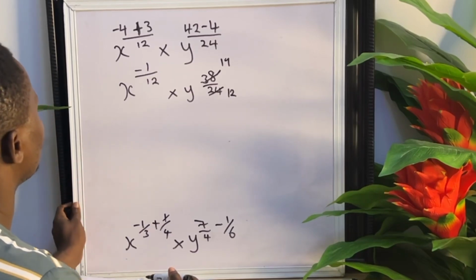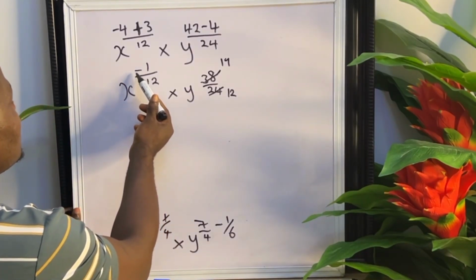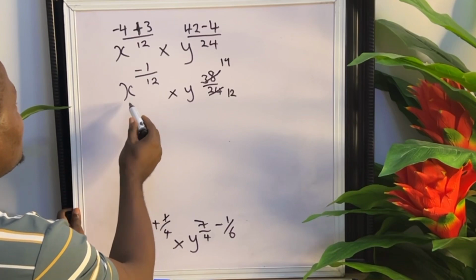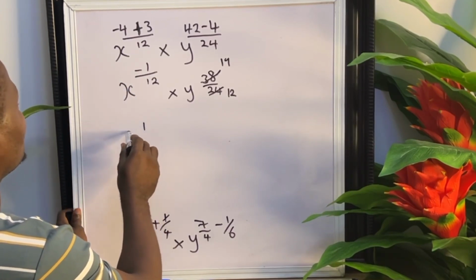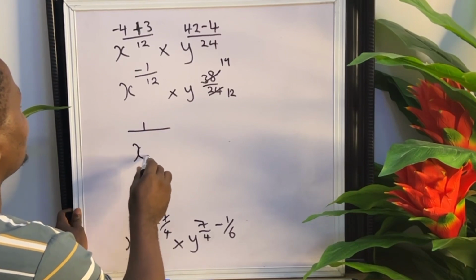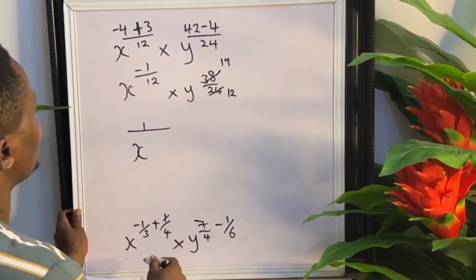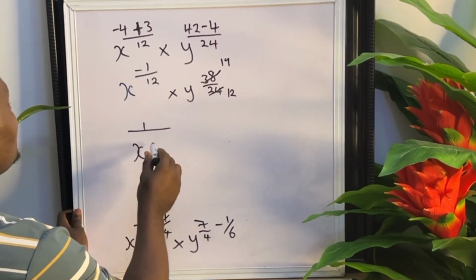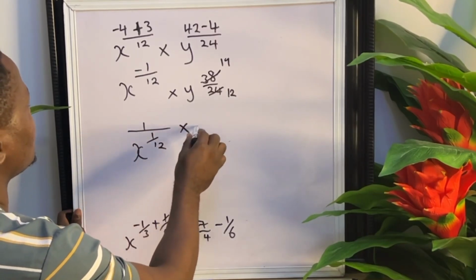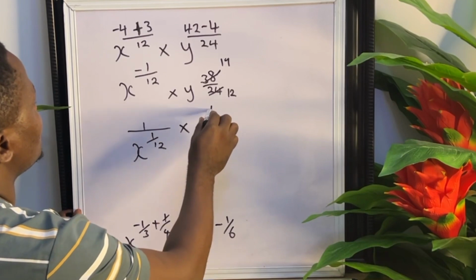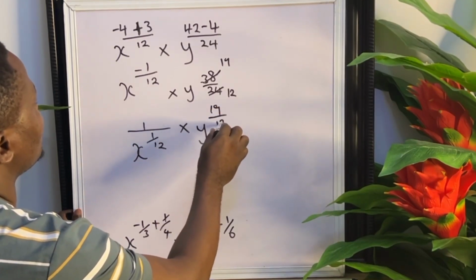We then have, because of this minus sign, it turns this x upside down. We then have 1 all over the x itself that is still raised to power 1 all over 12 without the minus. Everything multiplied with the y now raised to power 19 all over 12.